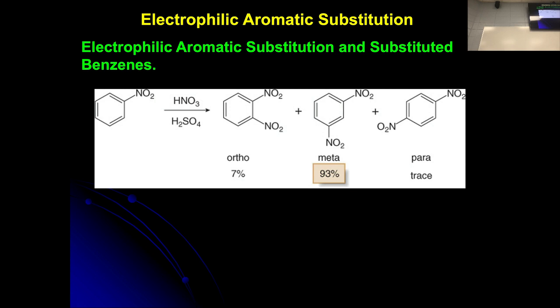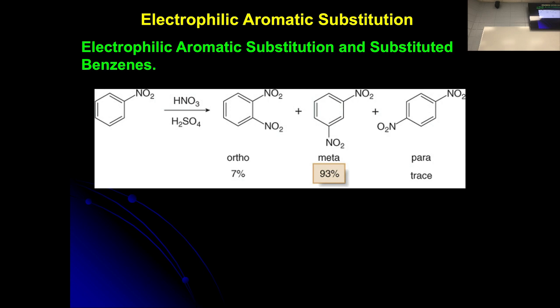What do you think the product's going to be? Assuming you don't blow yourself up. TNT, I heard somebody say it. What's that stand for? Trinitrotoluene. So we're going to put on 3 nitro groups.